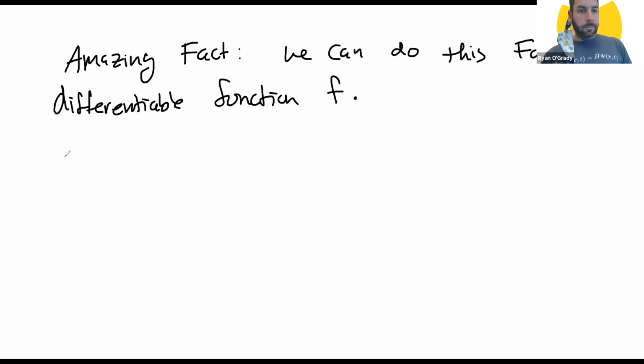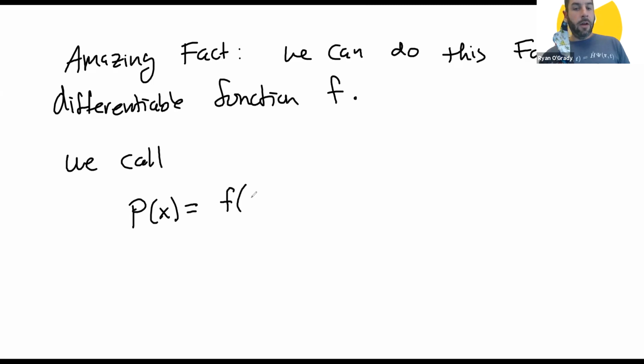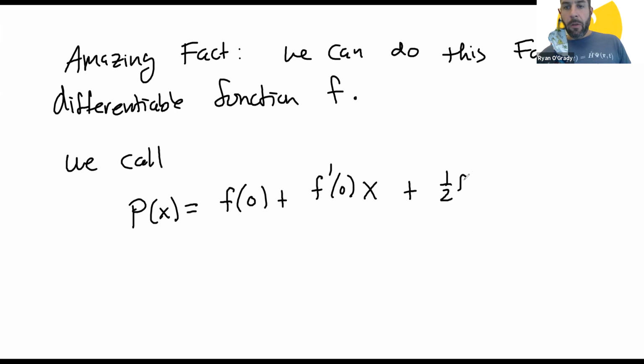So we call P of x equal to f of 0 plus f prime of 0 times x plus 1/2 f double prime of 0 times x squared.